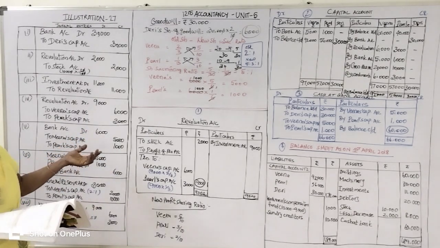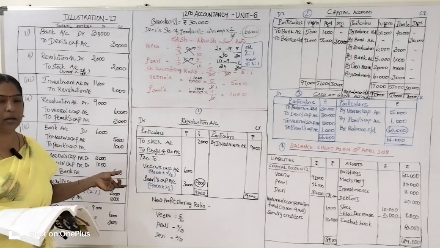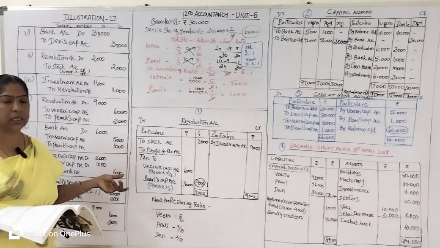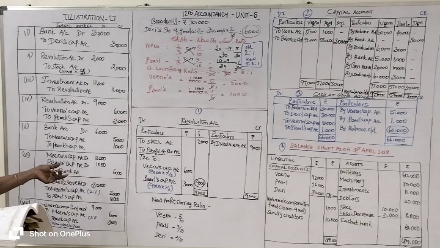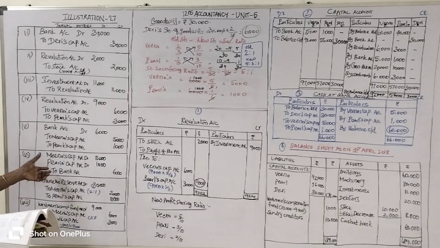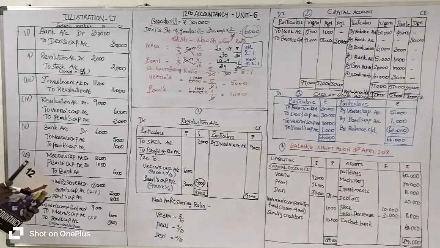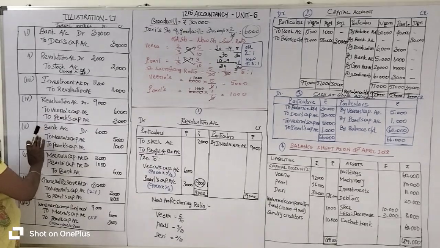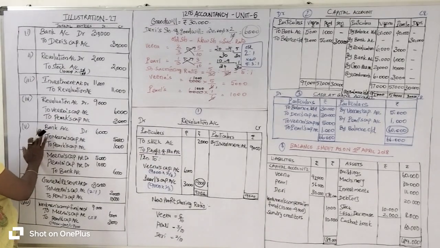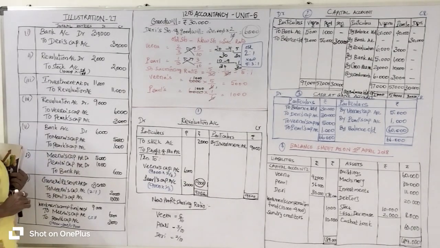Immediately the old partners withdraw their share of goodwill from the new partner's goodwill. So what we have to do is enter the opposite entry. What is that? Old partners' capital account debit to bank account.